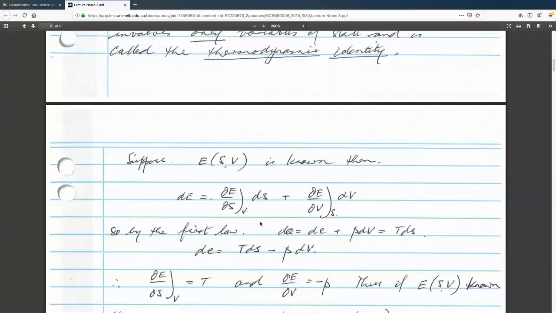So if you had this function, you could take these derivatives and you would deduce that T is equal to dE/dS at fixed volume, and that minus P is equal to dE/dV at fixed S. So you can see that if I knew E of S and V, I could find T and I could find P at any particular S and V.